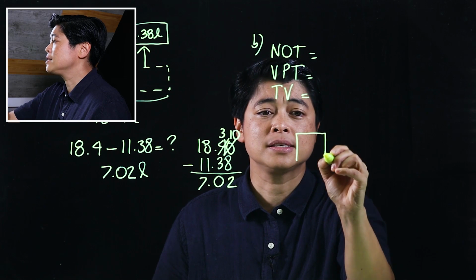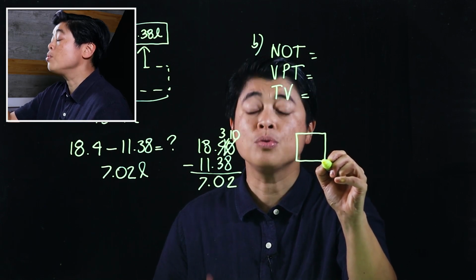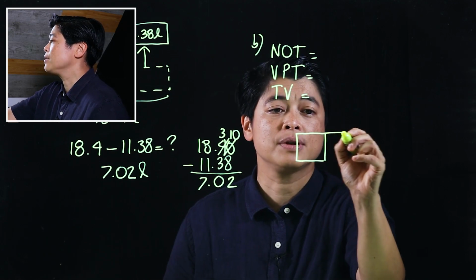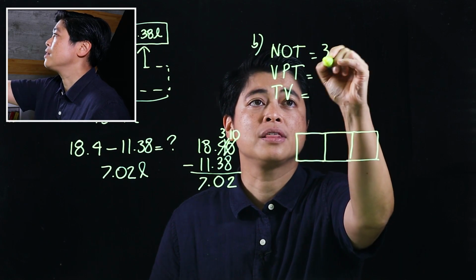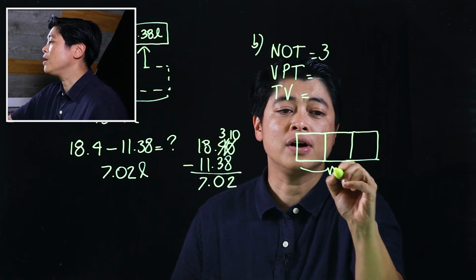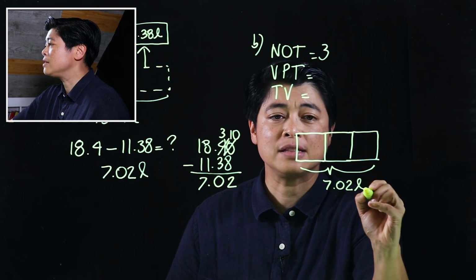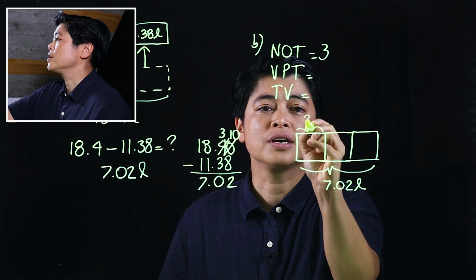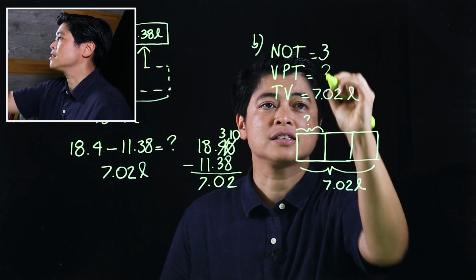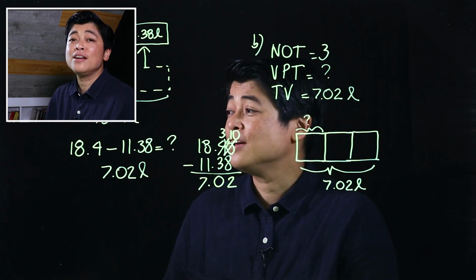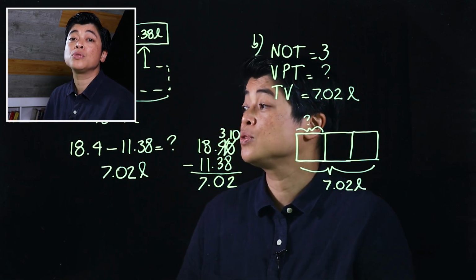It says into 3 containers, so we have 3 containers, and the total volume happens to be 7.02 liters. And that's the question. Again, whatever the kids are comfortable with, that's what we want them to do.